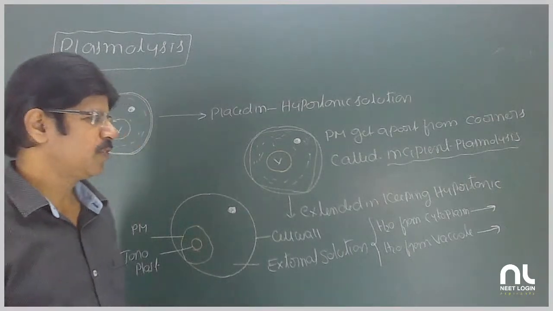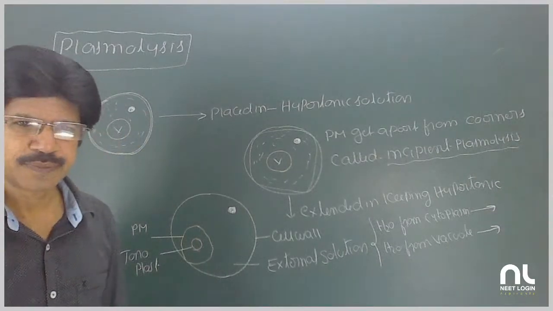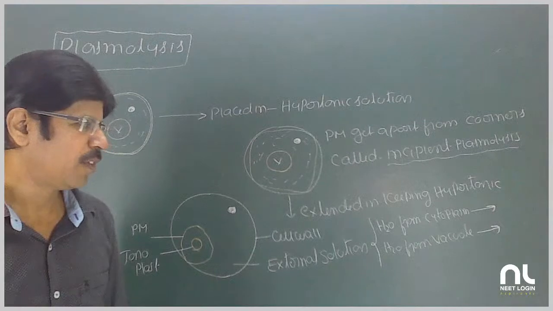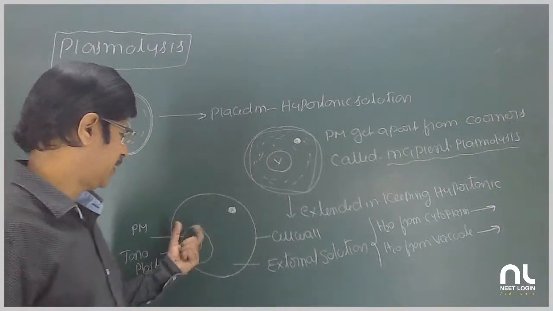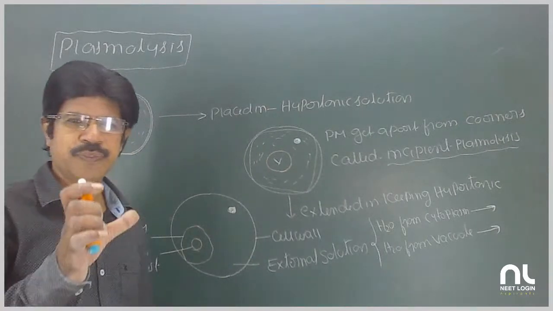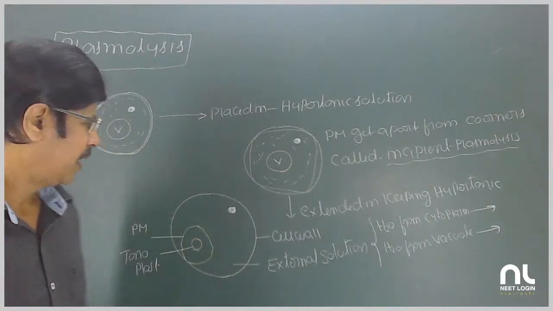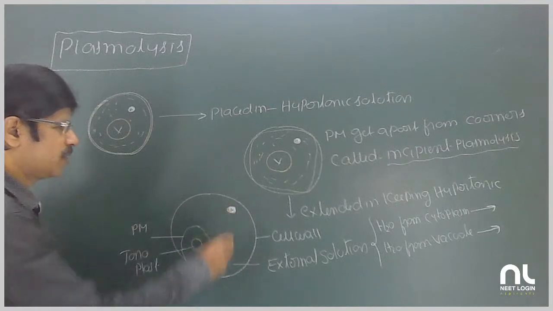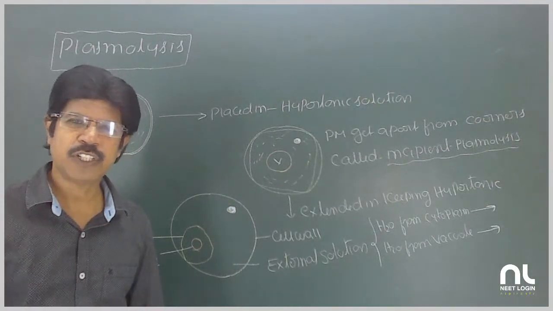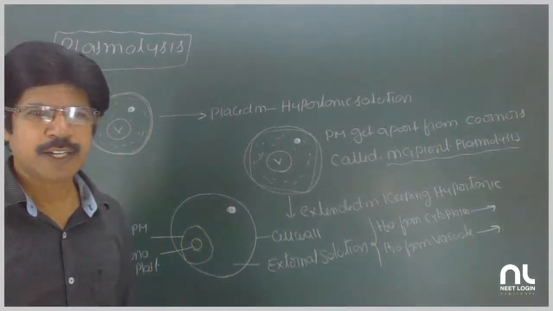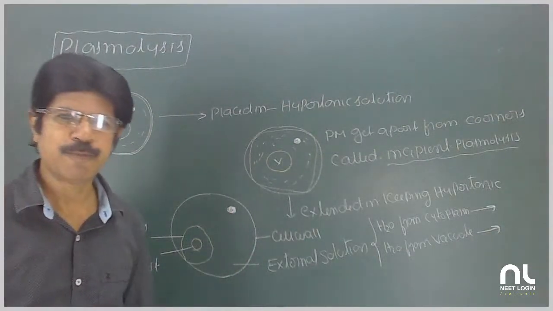The change is that water first goes out from the cytoplasm, followed by water from the vacuole. The content of the vacuole decreases, that is, the size decreases. The size of the nucleus is not affected. As the cell wall is rigid, there is no change observed in the cell wall.